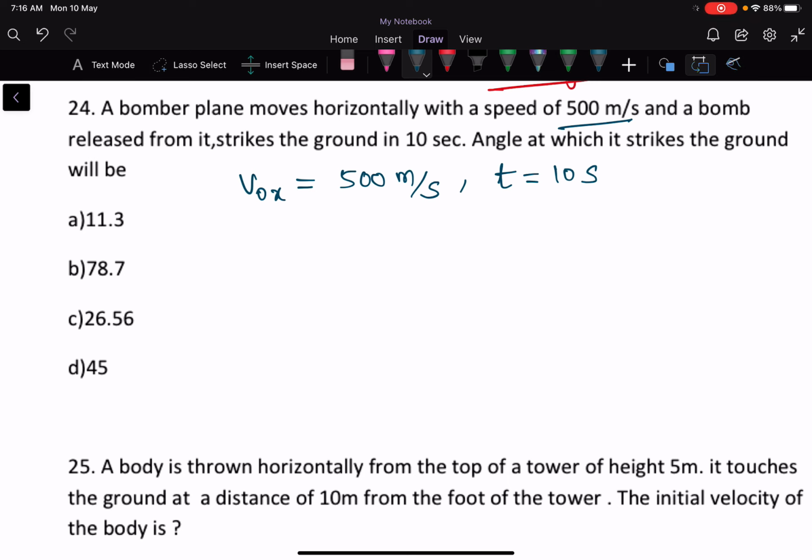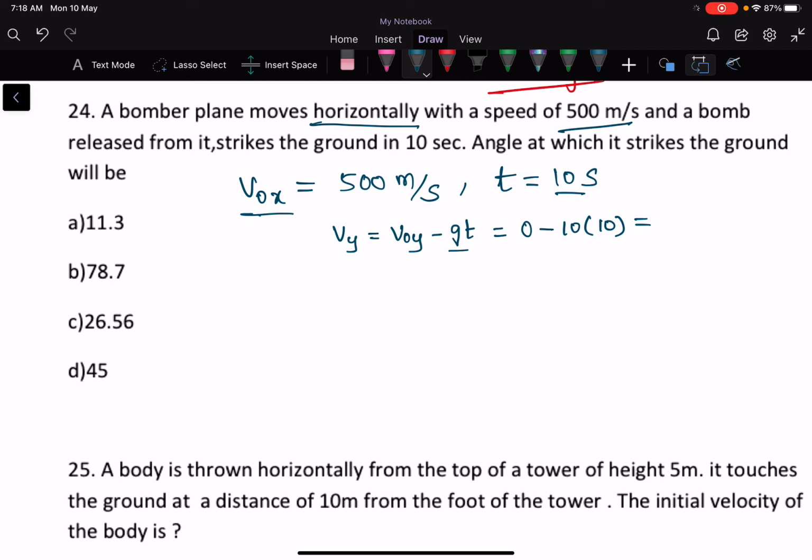So here v0x is there. We need to find out v0y. Here I am taking vy equal to v0y minus gt. Since it is thrown horizontally, v0y is equal to 0, minus g, which I am taking as 10, into t, which is 10.